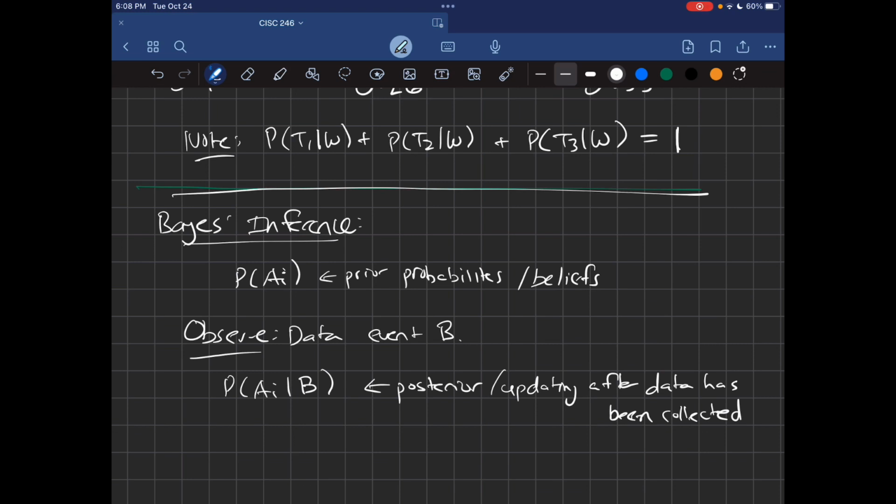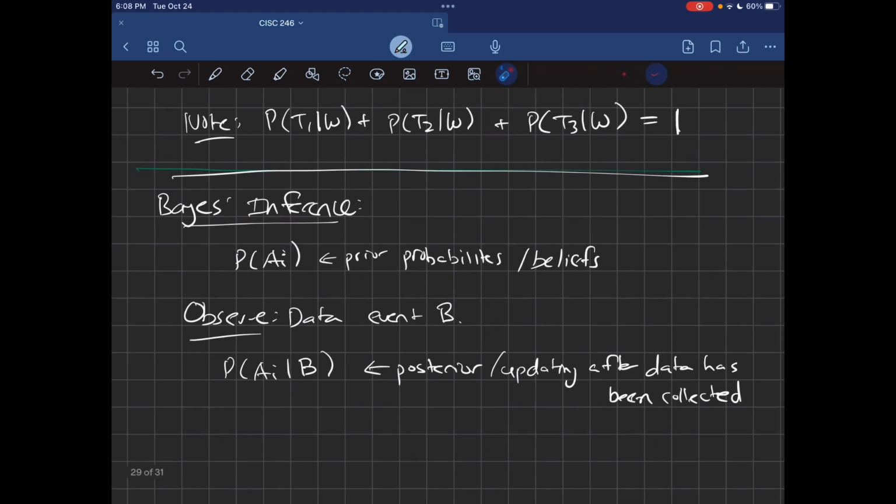We may have had some prior belief, and now we're asking, now that we've seen this data, what is that belief now?